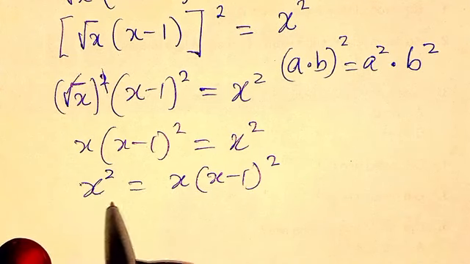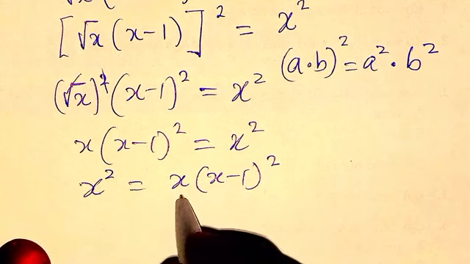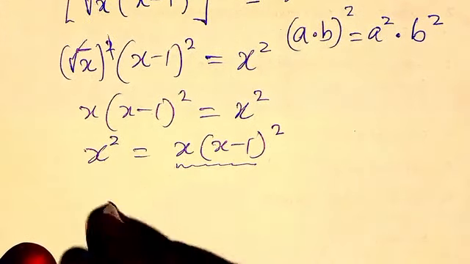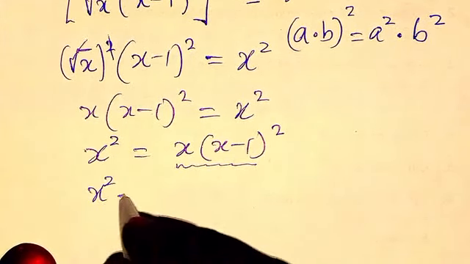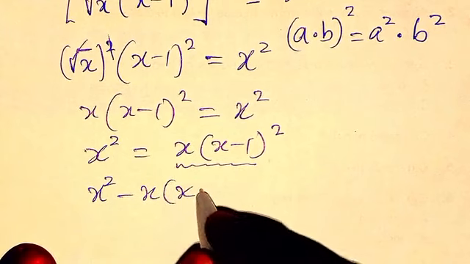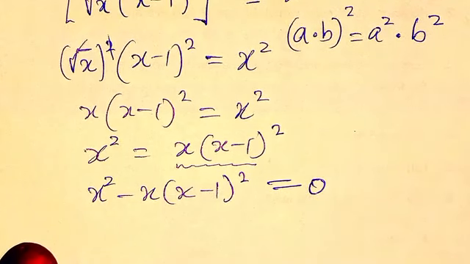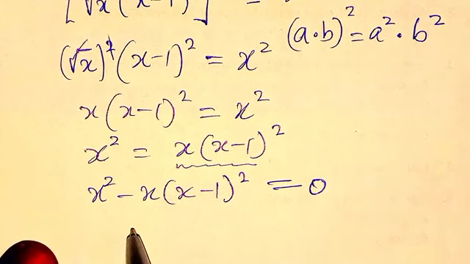So now let's see what I'm going to do here. I can take everything from the right to the left hand side. I have x squared minus x into bracket x minus 1 all squared equals 0.